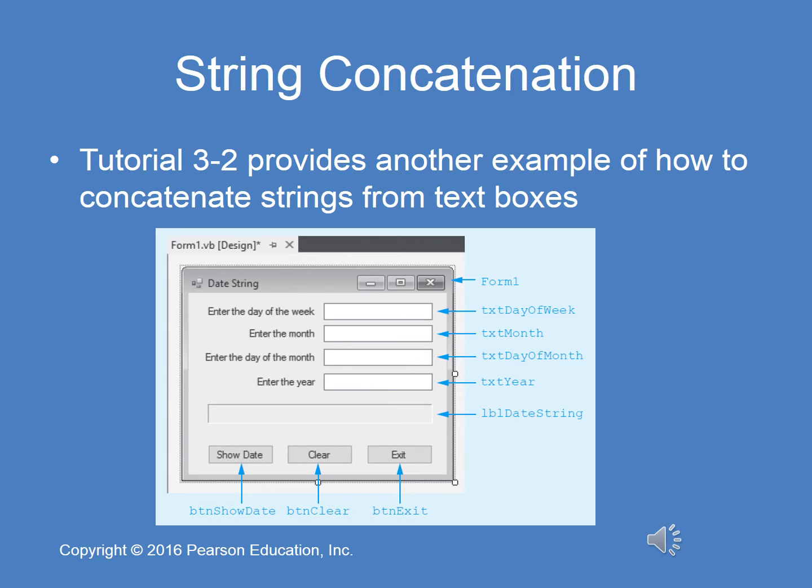And then when we click on button show date, it executes an event handler that concatenates all those strings and assigns the totally concatenated string to label date string.text. Very cool and easy tutorial for you to complete that shows the power of concatenation. Please take a look at that tutorial, complete it, and that will make this part of the lecture so much easier to understand.